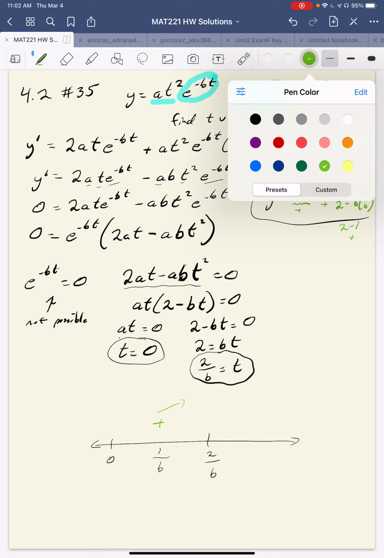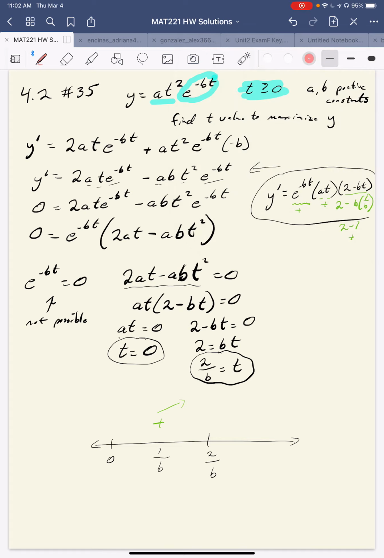Okay, now let's try that again. Let me change to a different color so that I can look at a number like maybe 3 over b. 3 over b is bigger than 2 over b. So let's try that. And again, no matter what, this first term is going to be positive, this second term is going to be positive. So I just need to look at this 2 minus b times 3 over b, which would be 2 minus 3, which is a negative value.